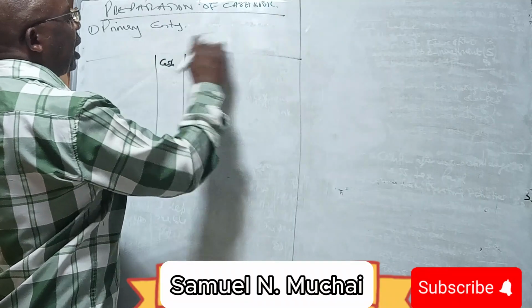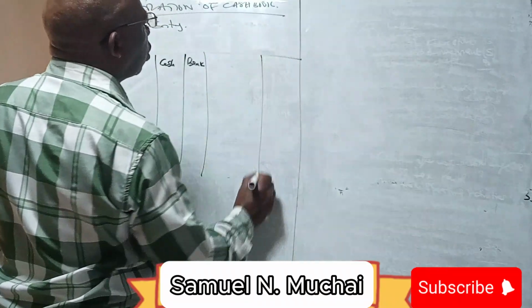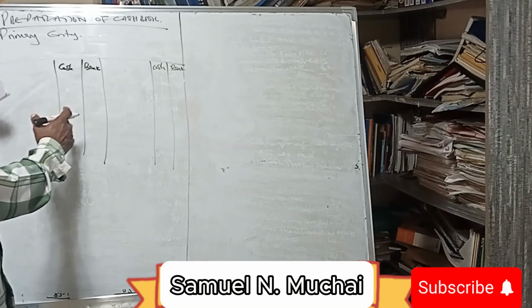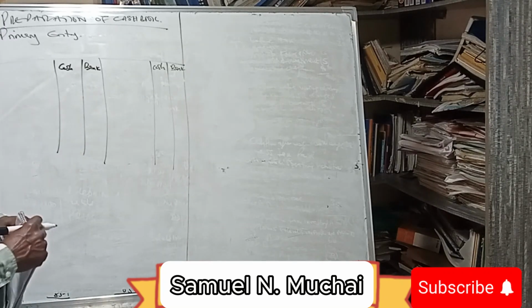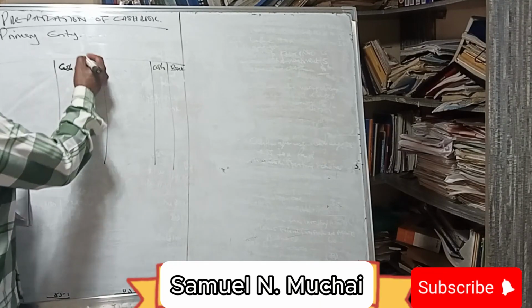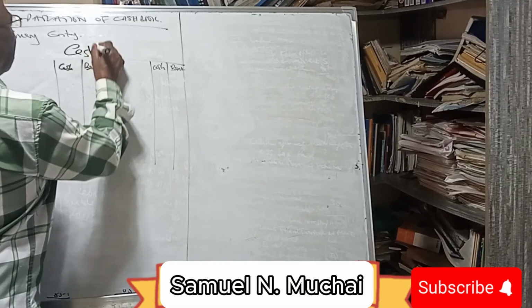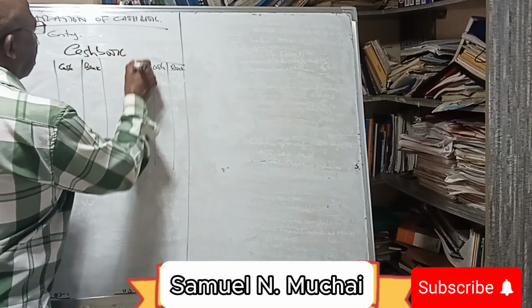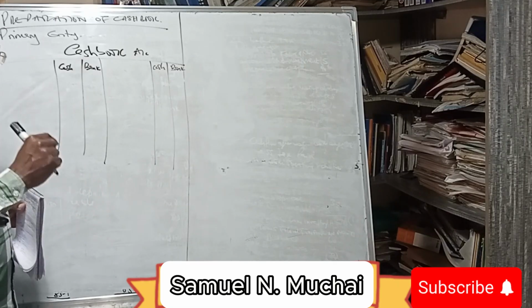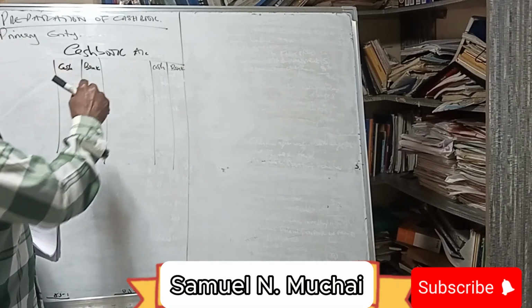This is the debit side. The debit side records all the receipts, all the money we are receiving. Remember that the cash book is part of the double entry. It is not just a book of prime entry, but it's part of the double entry.